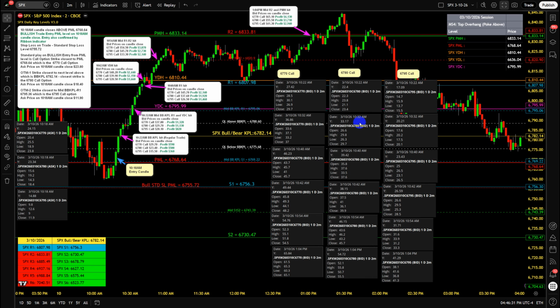The actual percentage gain is greater on the out of the monies if the move happens to be large enough. And again, with out of the monies, you're risking less money to begin with. So here, if you're starting with 11.90 and it hits your stop loss, and you end up getting stopped out, you're going to lose a lot less money than if you started out with the at the money. And then, of course, the mid one, the OTM 1 strike, is going to strike a balance between those two.